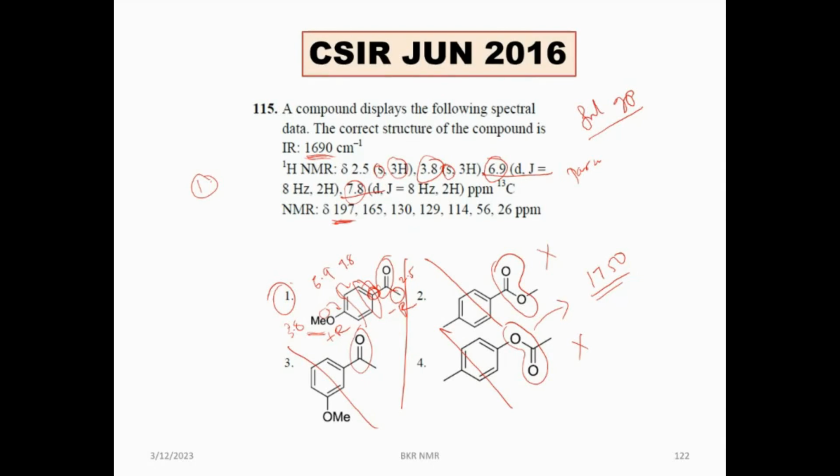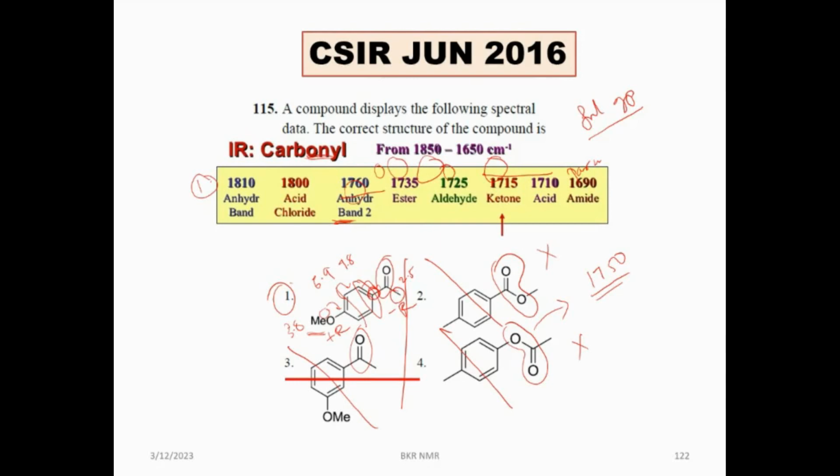Is this okay for all of you? Yes, ma'am. Okay, the ketone values have all been discussed, right? Here a ketone normally comes at 1710, but whenever the C double bond O is in conjugation, the C double bond O character changes toward C single bond O character, therefore the vibrational frequency decreases.